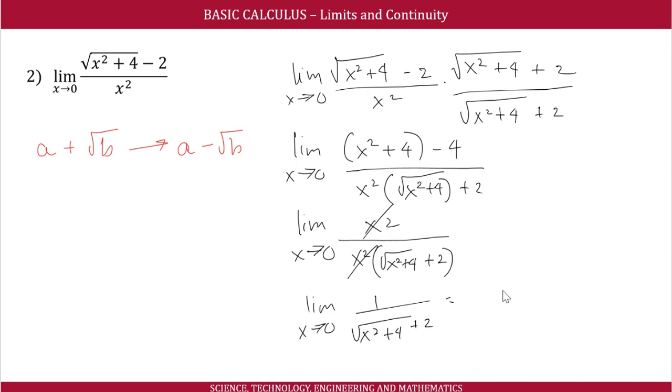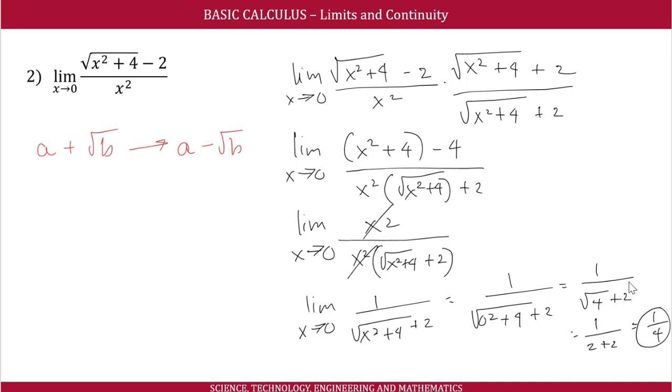And by substitution, we have 1 all over the square root of 0 squared plus 4 plus 2. And that is equal to 1 over the square root of 4 plus 2. So we have 1 over 2 plus 2 equals 1/4. So the answer is 1 over 4.